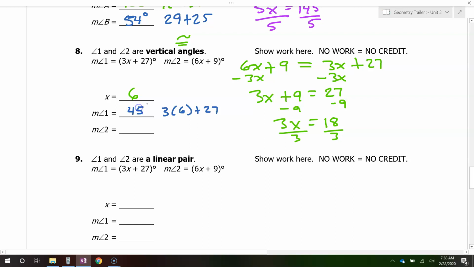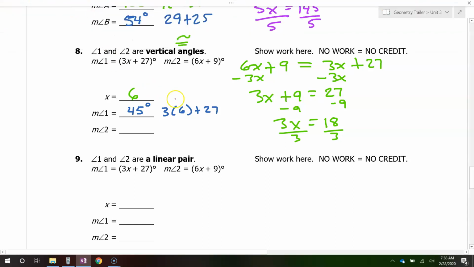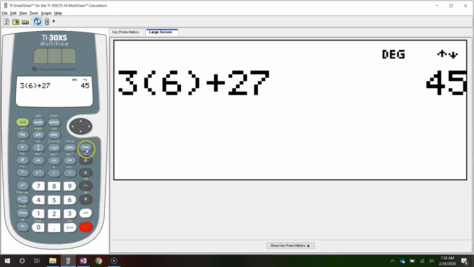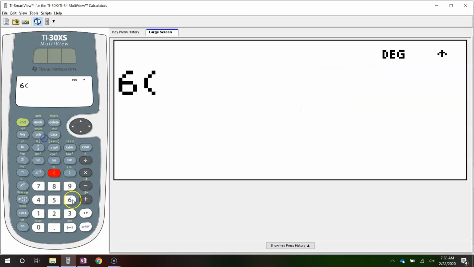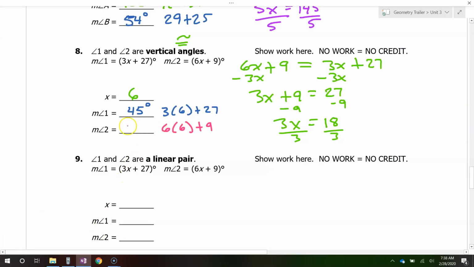All right, so angle 1 is 45 degrees. Angle 2 is 6x plus 9. So that's going to be 6 times 6 plus 9. So that's going to be 45.